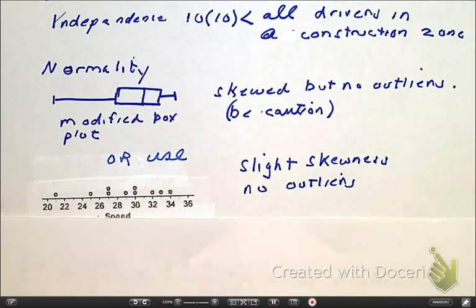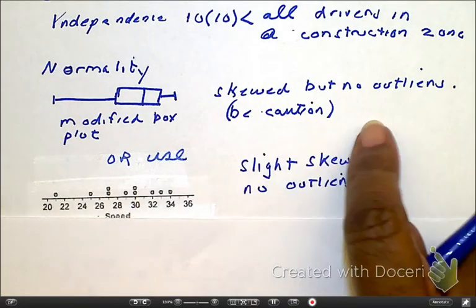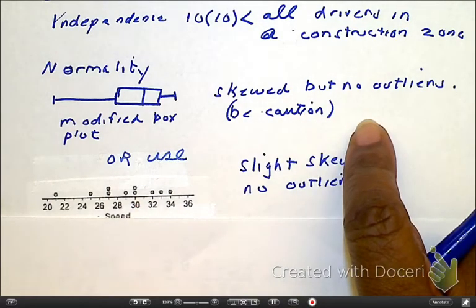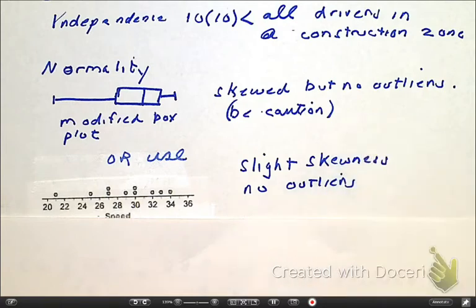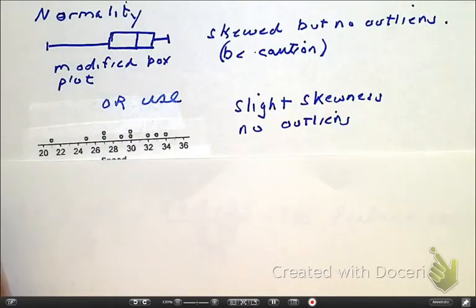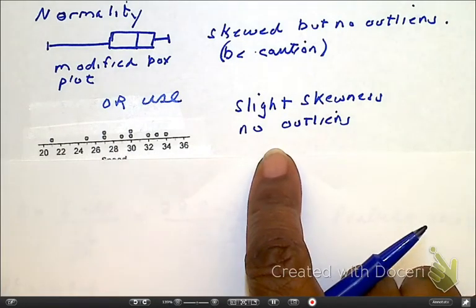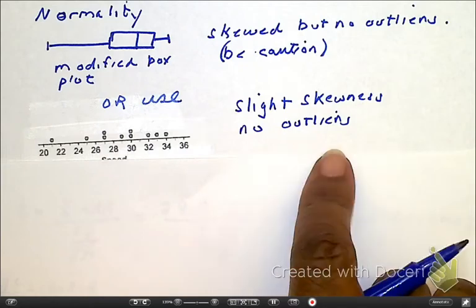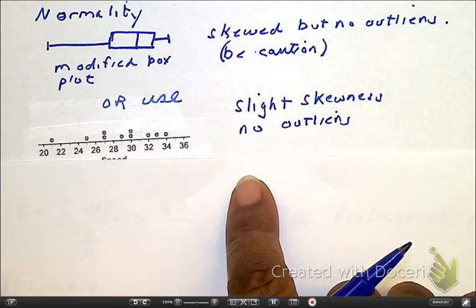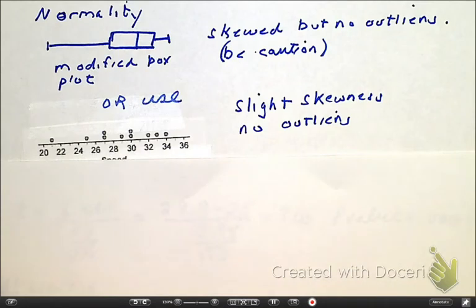Remember, if you use this drawing and say it was skewed heavily, which it looks like, you're just going to say proceed with caution. But if you do it with this and you see a slight skewness and no outlier, and you do have a small sample size of 10, we're like, okay, I can still use the t procedure.